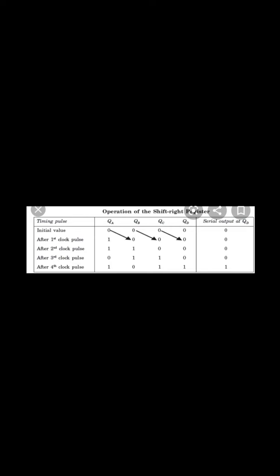At the positive going edge of the first clock pulse, the LSB bit 1 is sent to the output of the first flip-flop, and hence Q0 becomes 1. Therefore Q0 is equal to 1, Q1 is equal to 0, Q2 is equal to 0, Q3 is equal to 0. Or Q, that is Q0, Q1, Q2, Q3, is equal to 1, 0, 0, 0 after the first clock pulse.